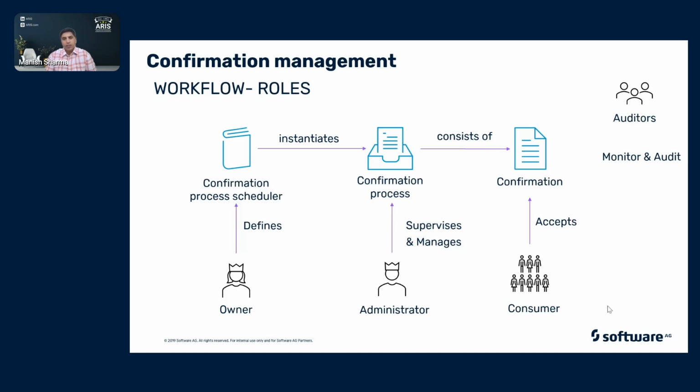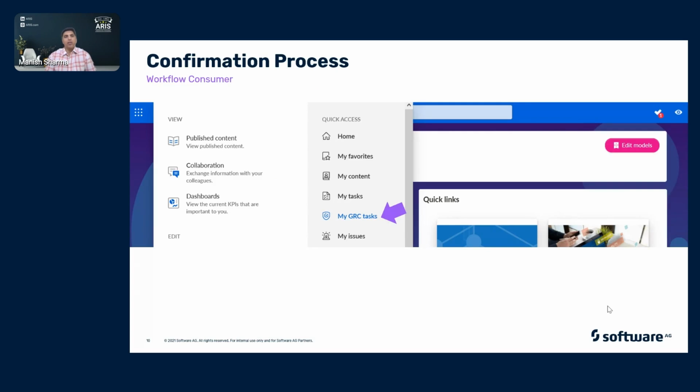Right. So how do you know that there's a confirmation waiting for you? You get a notification by mail. If there is a confirmation needed from you in terms of read and understood, where you have to go to a particular process and say, okay, yes, I accept it, then it's available to you as a notification with a link saying this is the process that's updated or has been released.